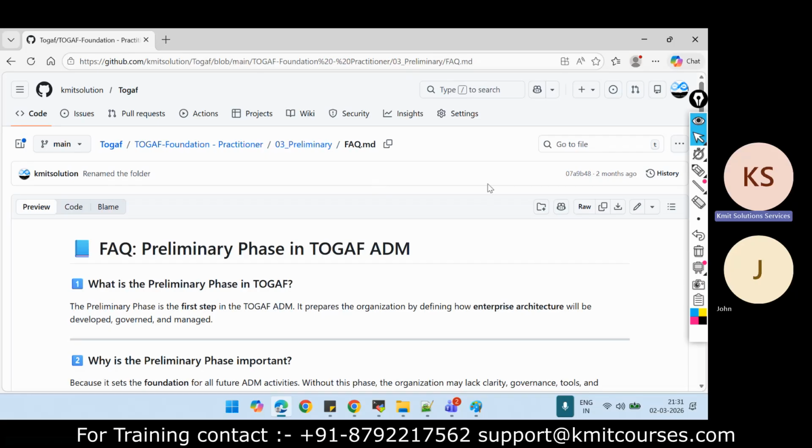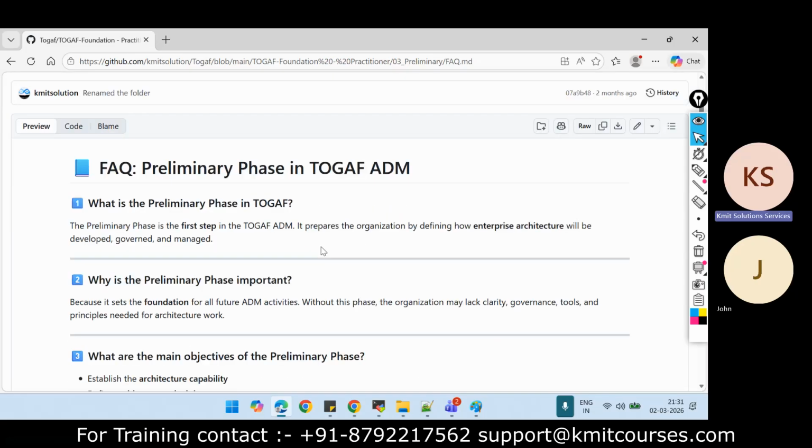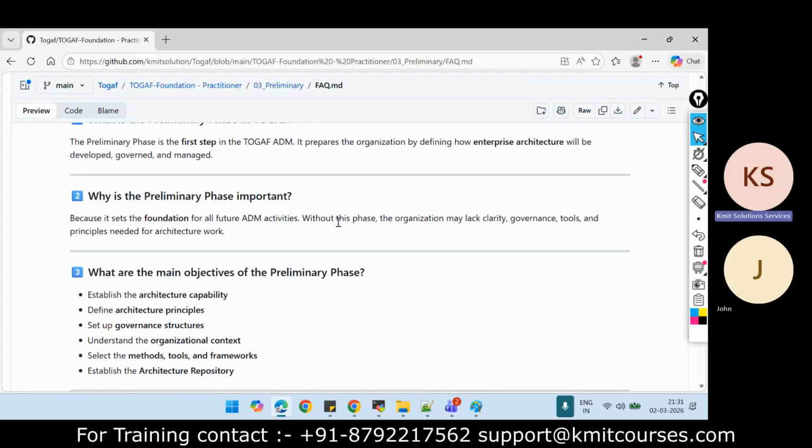Next one is, why is preliminary required actually? Why is it important? Because it is the foundation for all future ADM activities.